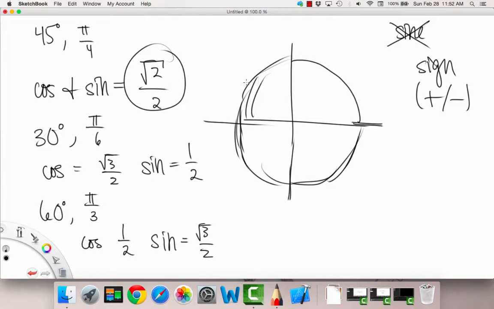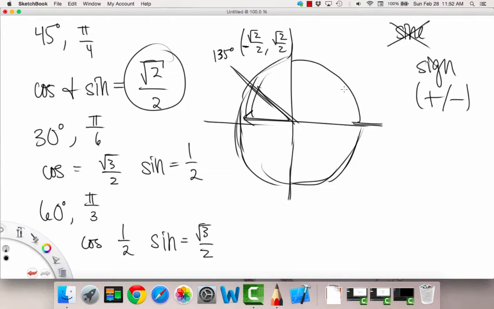So for example, if we had an angle like this, which is 135 degrees, that's some kind of multiple of 45, right? So we're going to have radical 2 over 2, radical 2 over 2, except now the x value is just negative. That's it, because x is now on the negative side, on the negative x-axis.